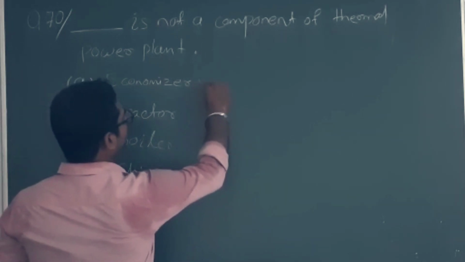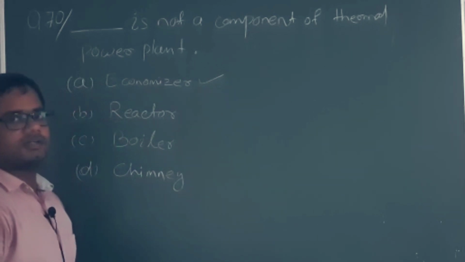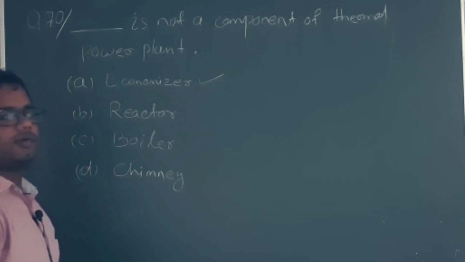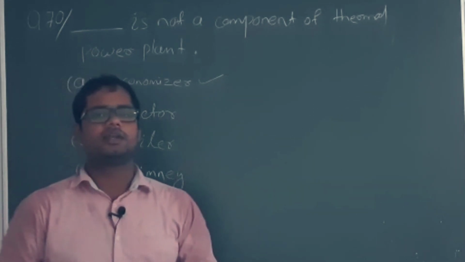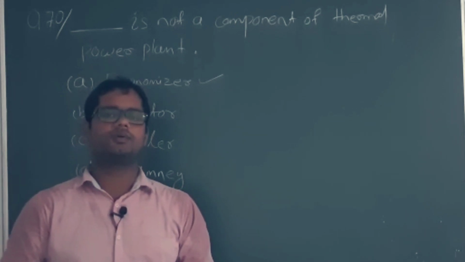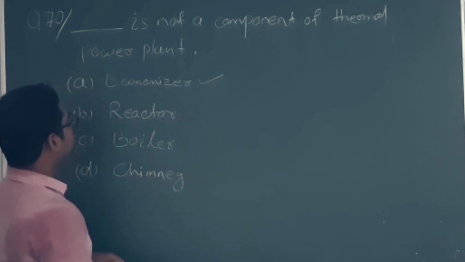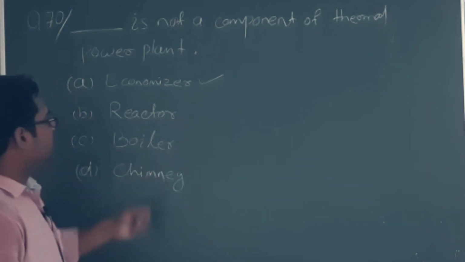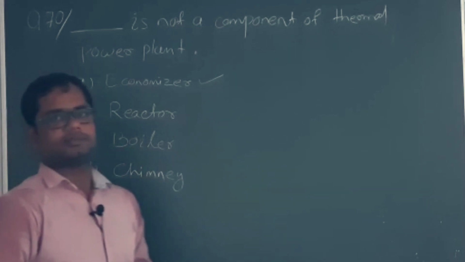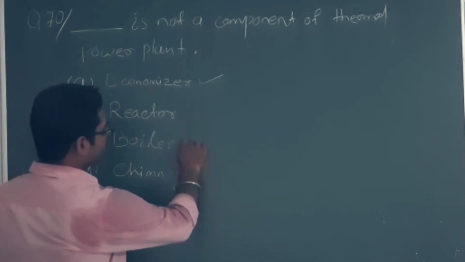Then reactor is the part where the fission reaction takes place. It is related to the nuclear power plant, where bombarding of atoms takes place and a huge amount of energy is released. Then boiler, where boiling of the water takes place and a huge amount of steam is produced. This is related to the thermal power plant.